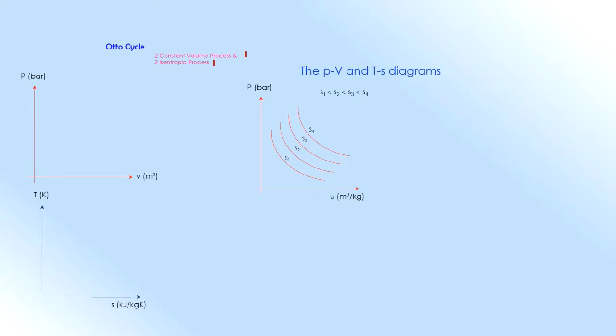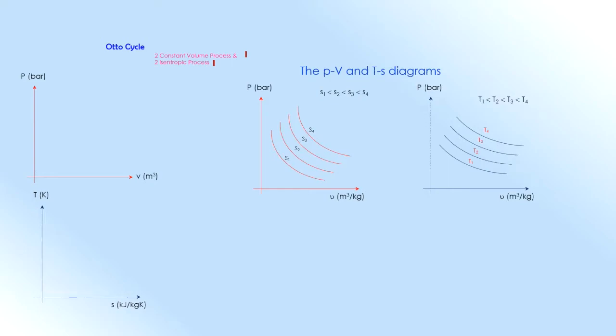So this is going to be a PV diagram. From here you can see these are the entropy curves. The higher the line or the curve, the higher the entropy. So we can say S4 is greater than S1. Then for the temperature curves, we have T1 to T4.